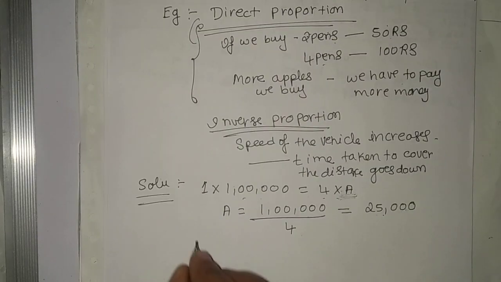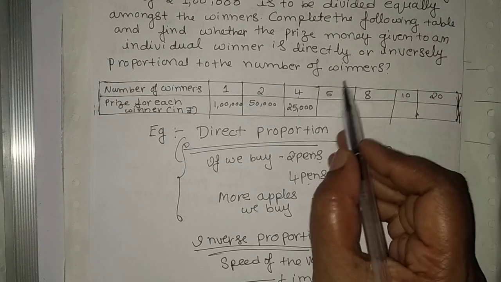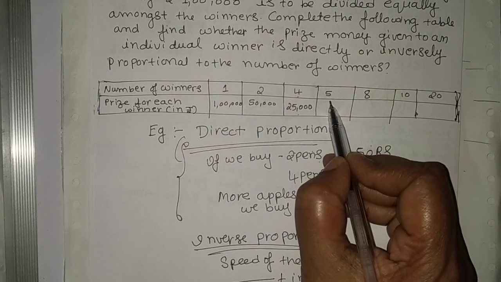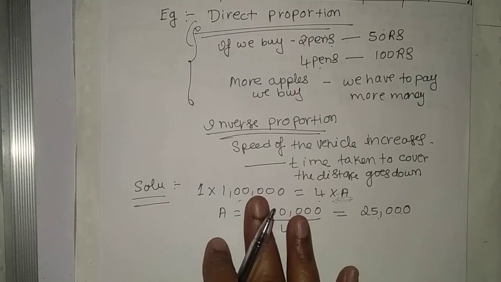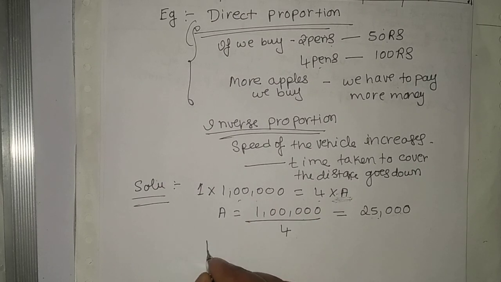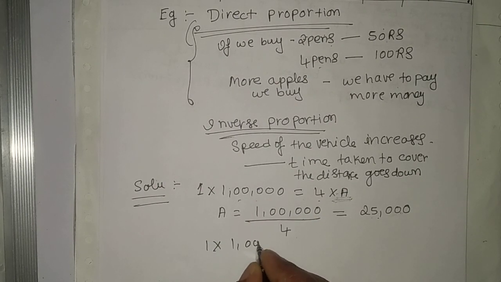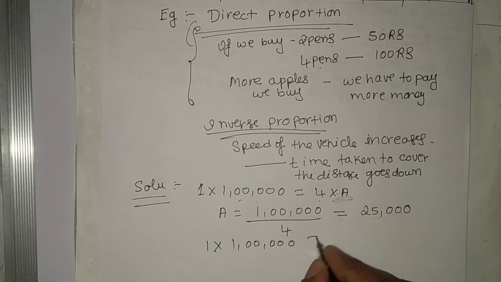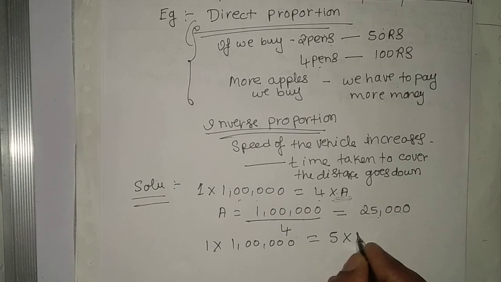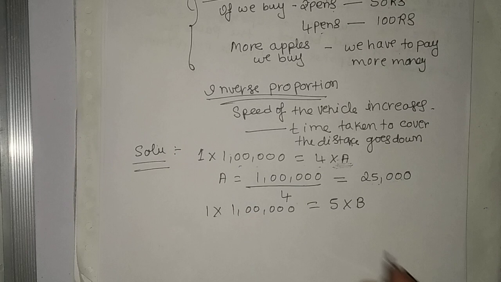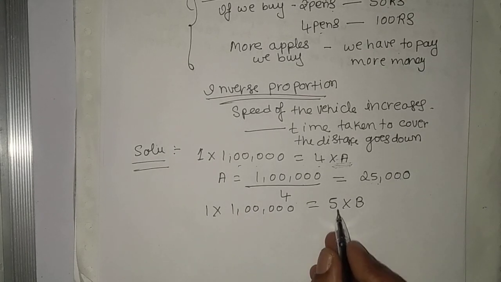So next we finished, we'll move on to the table, where the number of winners is 5. Therefore next 1 into 1 lakh is equal to 5 into B. So what is B?